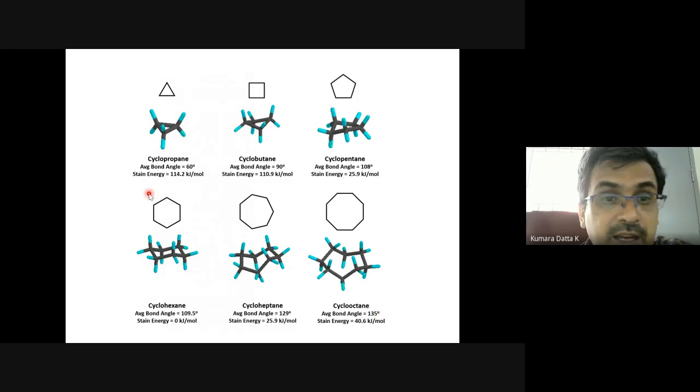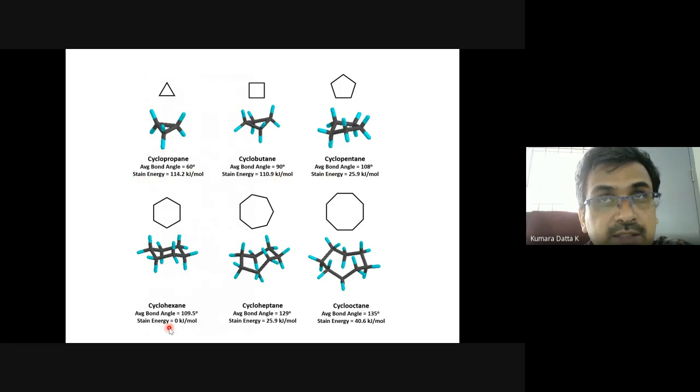The strain energy, which is also referred to as ring strain, is 114 kilojoule per mole for cyclopropane. For cyclobutane it is 110. It has reduced.